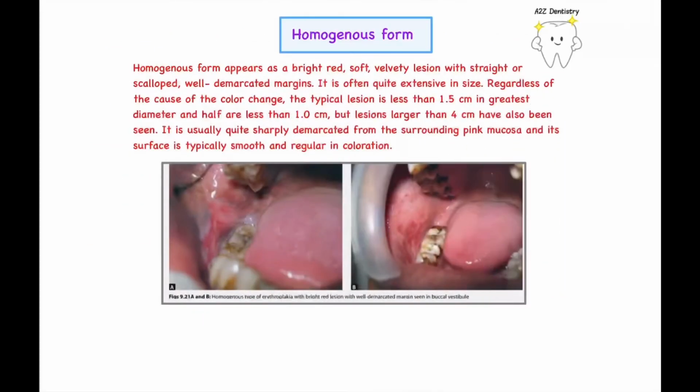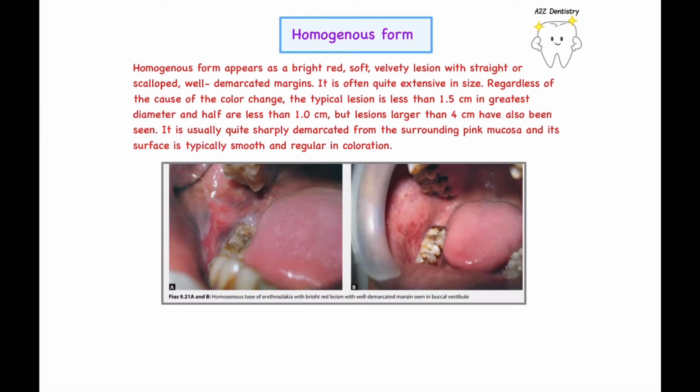Now here we will be discussing a few characteristic clinical features of the various forms of erythroplakia which we have classified earlier. First, starting with the homogeneous form. As the name itself indicates, it is homogeneous, that means the lesion is of the same color. The homogeneous form appears as a bright red, soft, velvety lesion with straight or scalloped, well demarcated margins.